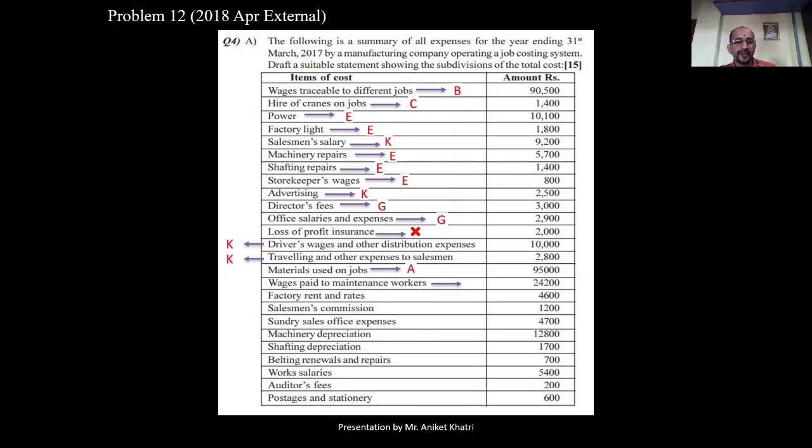Wages paid to the maintenance workers, E. Factory rent and rates, again E. Salesman commission, K. Sundry sales office expenses, again K. Machinery depreciation, E. Shafting depreciation, again E. Belting renewals and repairs, again E. Works salaries, E. Auditor's fee, G. And last, postage and stationery, G. Okay, so let us try to solve this particular example.